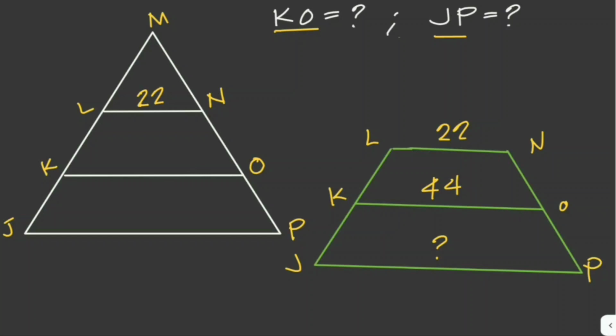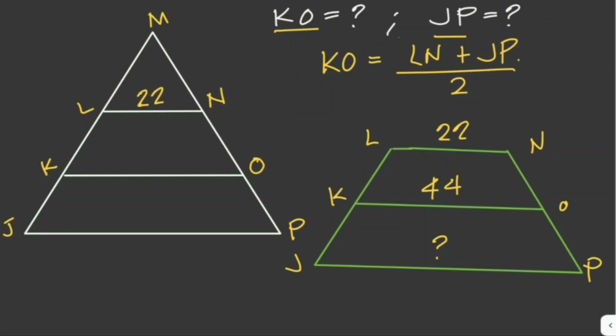Now to solve for JP, by the mid-segment theorem, we just have to divide the sum of the two bases of this trapezoid by 2. So KO equals LN plus JP over 2.